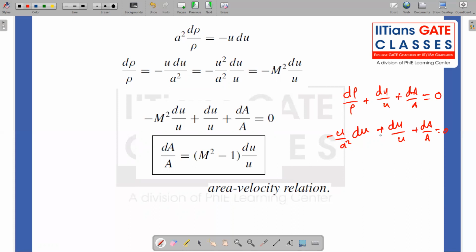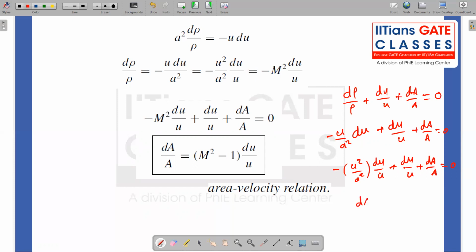Now I am multiplying and dividing this term by u, so that becomes minus u square by a square times du by u plus du by u plus dA by A equal to 0.